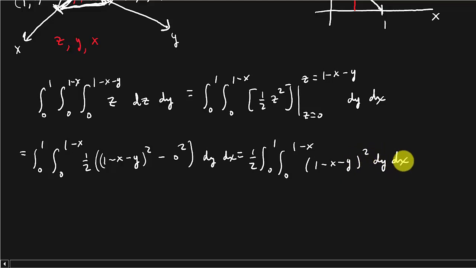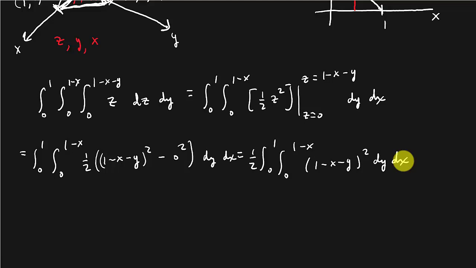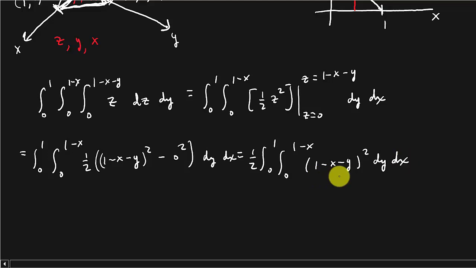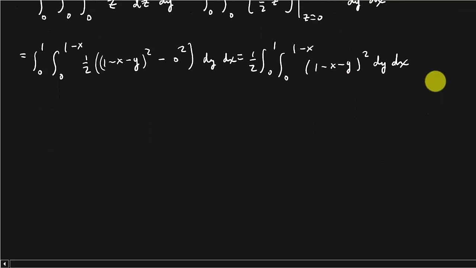All right. So now what do we need to do? Well, now we need to integrate with respect to y. And so for this one, hopefully you can see that we need to use u substitution here. Okay, we've got to use u substitution. So to do that, we would let u equal 1 minus x minus y. And so du is going to be what?